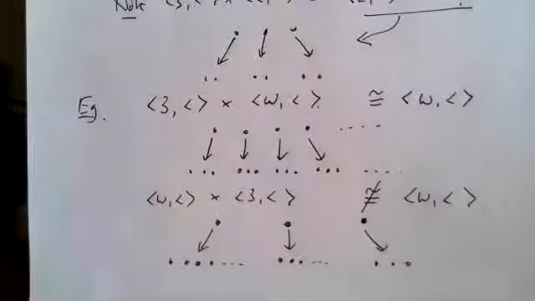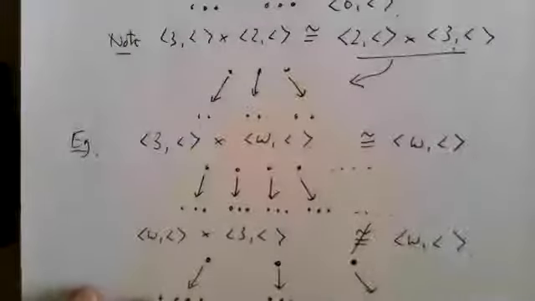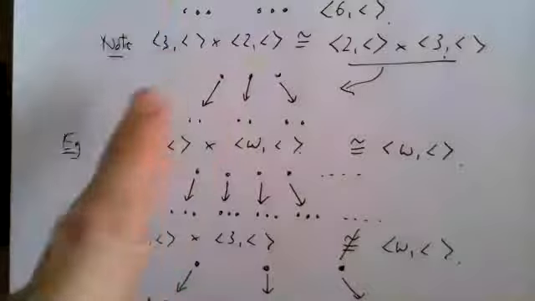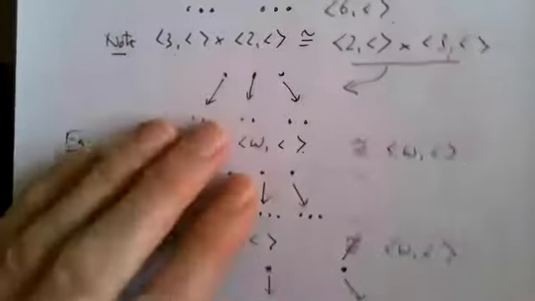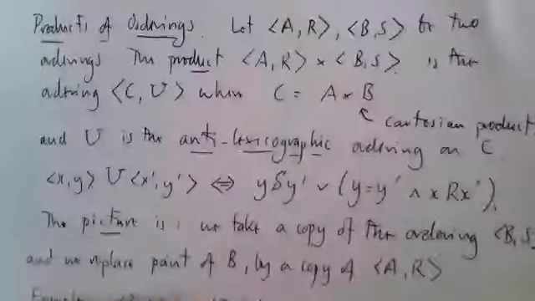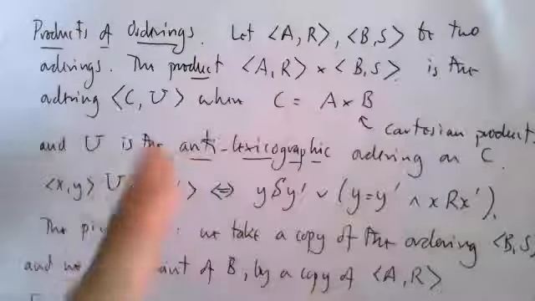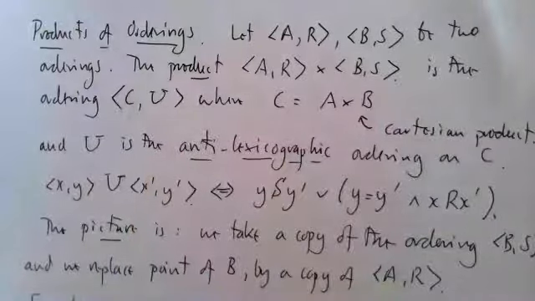Okay, so again, just think of some more examples. We don't have to have natural numbers or ordinals here. The product definition was for any 2 orderings. So let's look at exercise 310.